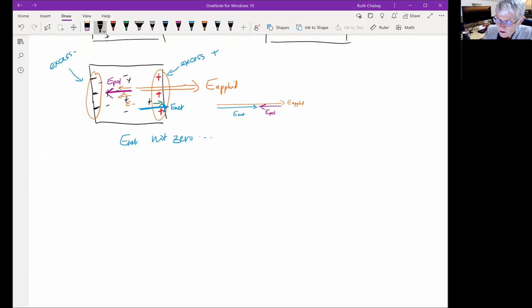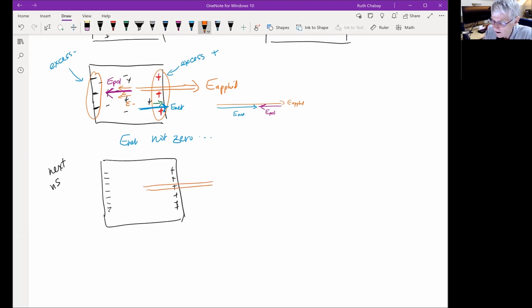So in the next nanosecond, we're going to have a little more. The negative ions are still moving to the left. The positive ions are still moving to the right. So we're going to have more negative charge build up here and more positive charge build up here.